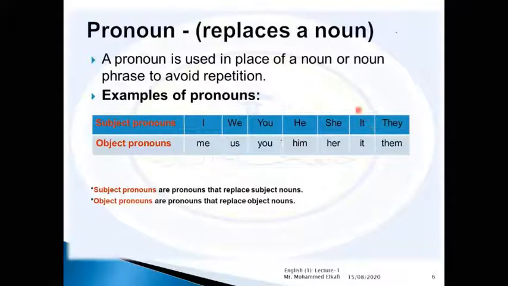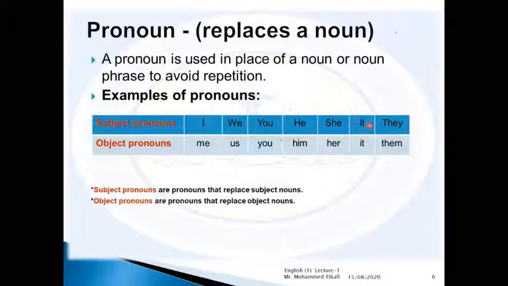It. It is used to replace a thing or an animal. We use it instead of saying the car, you can say it. Instead of saying the cat, you can say it.